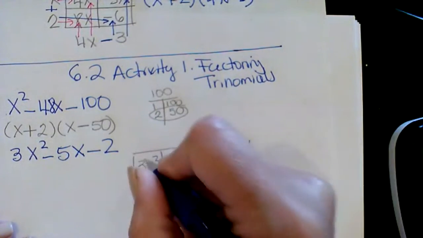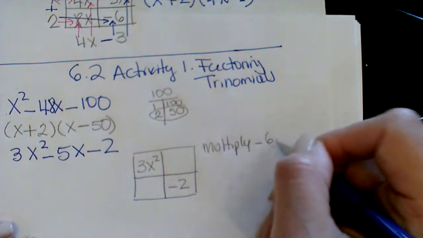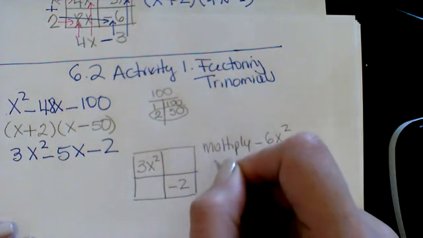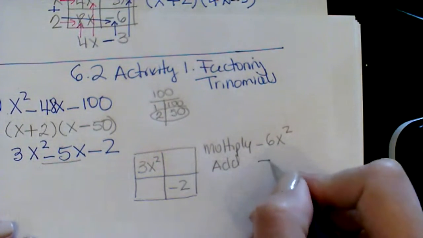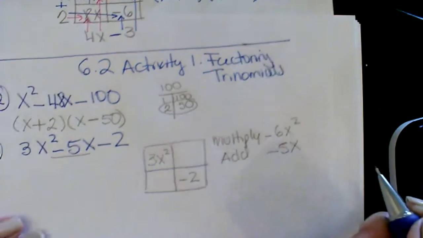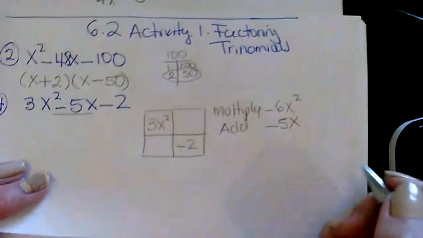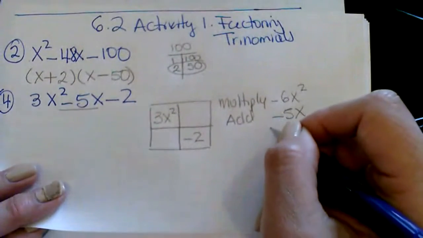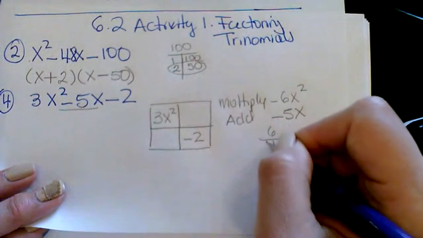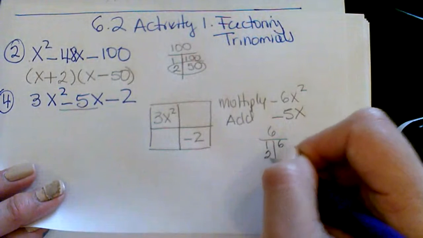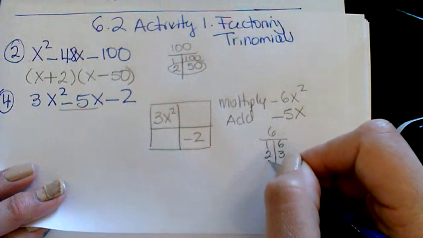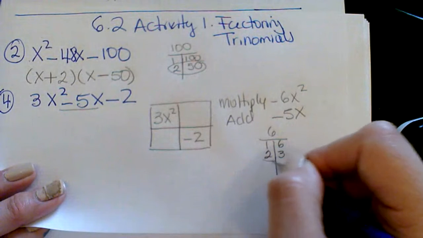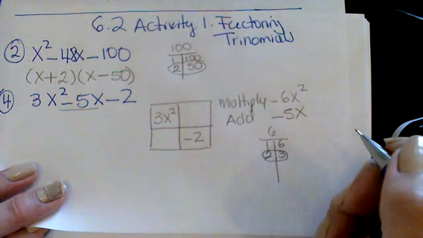So we need two numbers, and when we multiply, we get negative 6x squared. And when we add them, we get what? Negative 5x. All right, so let's do 6. 1 times 6, 2 times 3 will give me a 6, right?